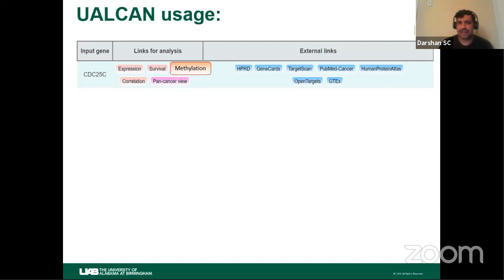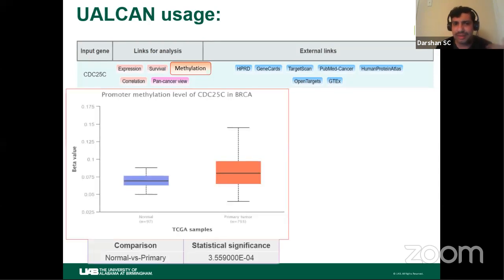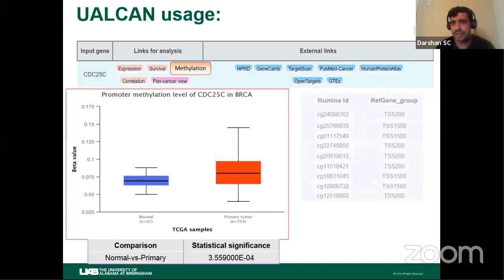What we have done is collect only those probes corresponding to the promoter region, and we are providing the DNA methylation level in the promoter region of gene fragments. This is provided for all the genes available on the microarray chip, and we consider only those probes that correspond to the promoter region of the gene.